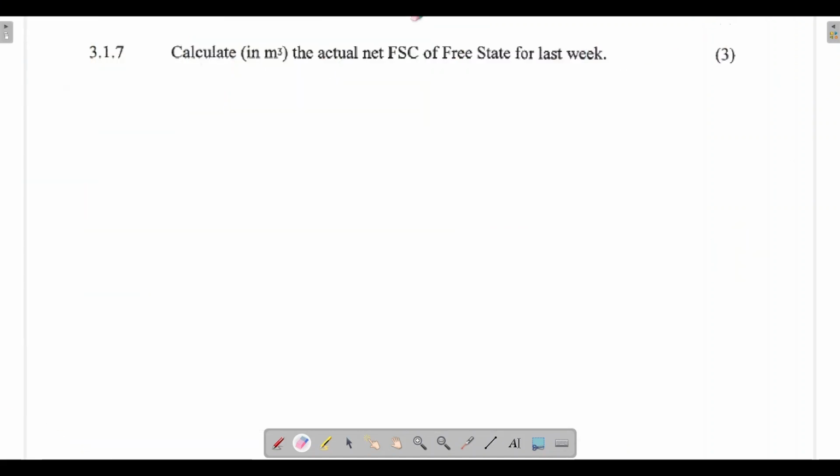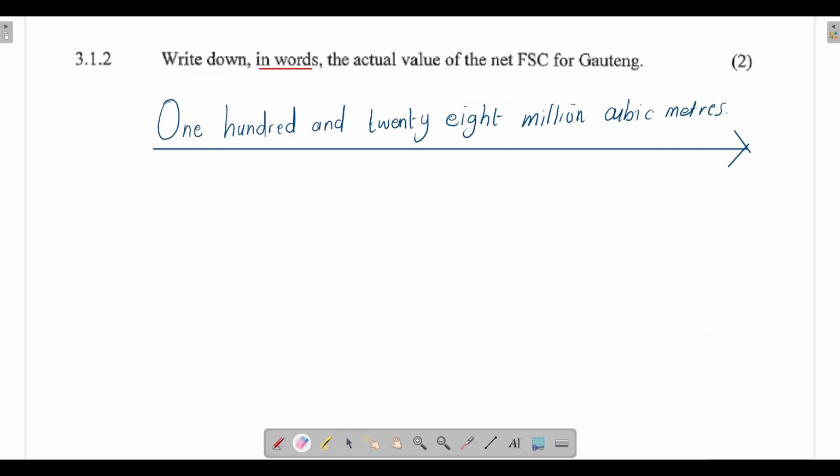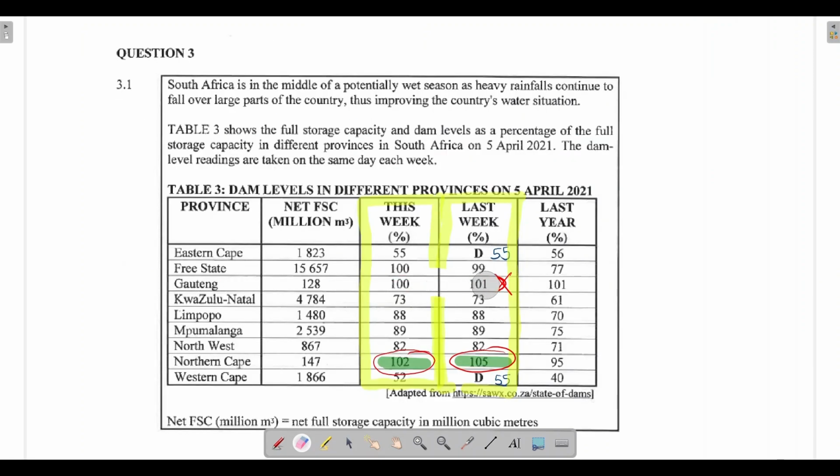Okay, question 3.1.7. Calculate in cubic meters the actual net full storage capacity for the Free State for last week. So we're going to go back to our Table 3 and focus on last week's values and on the Free State province.